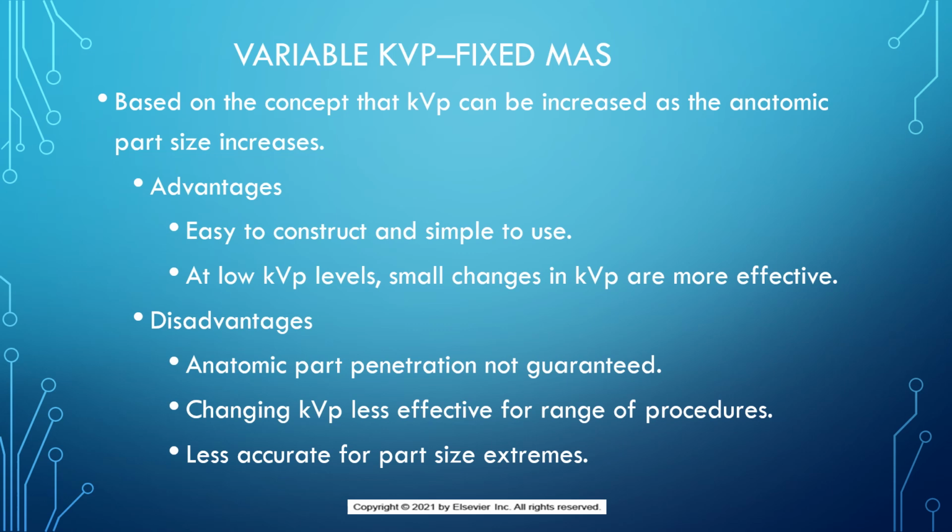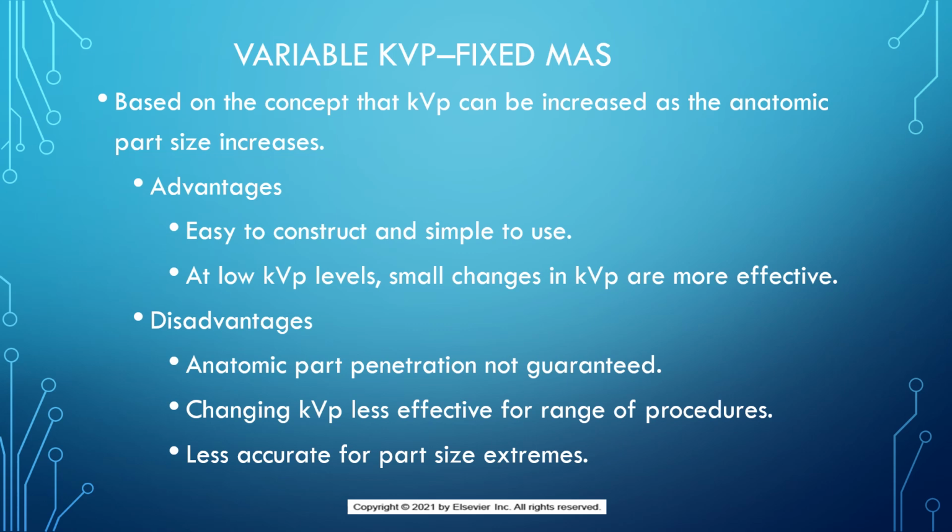The other strategy is, well, instead of an optimal KVP that overpenetrates for average habitus, but is optimal for hypersthenic habitus, let's scale the KVP with part thickness, because KVP controls penetration power. Of the two older systems, this one makes more sense to me, because part thickness and KVP should scale, because KVP is penetration power.